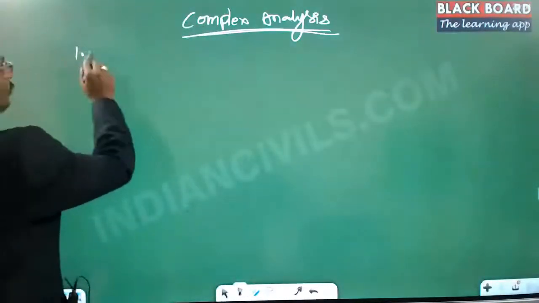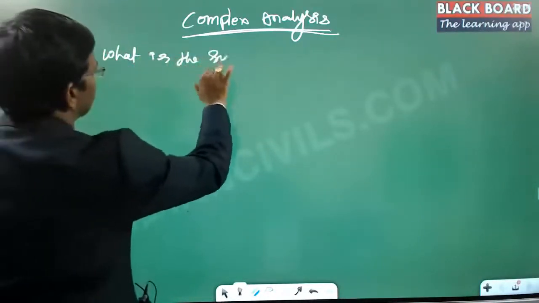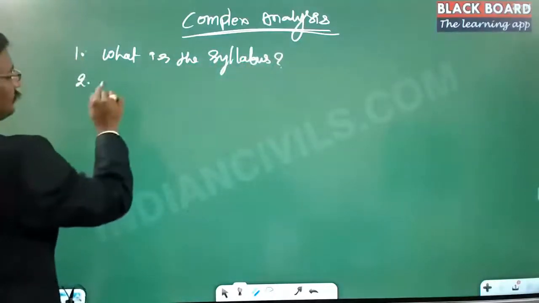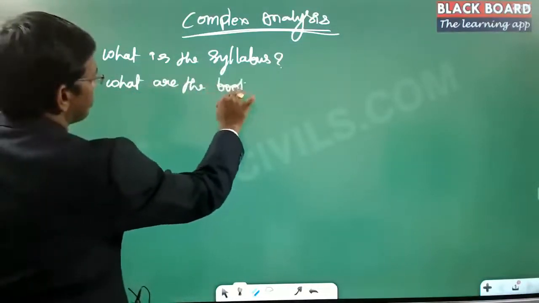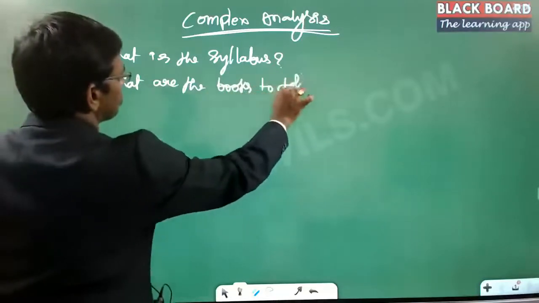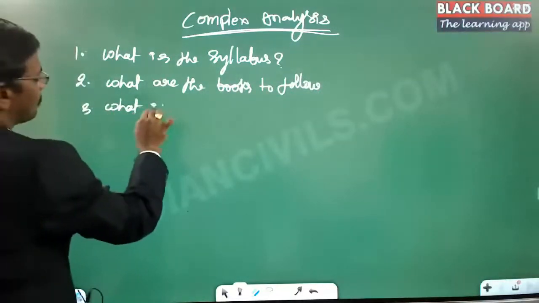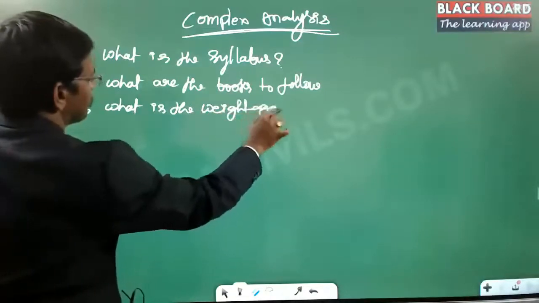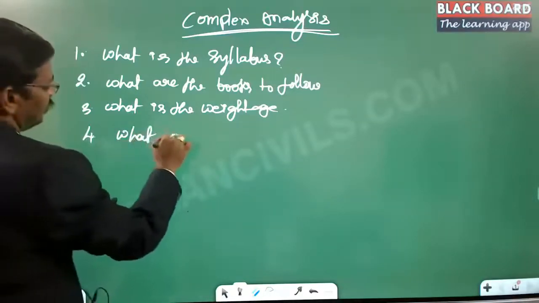So I will be covering some basic aspects. What is the syllabus? The second one is, what are the books to follow? The third one is, what is the weightage? The fourth one is, what are the important areas?